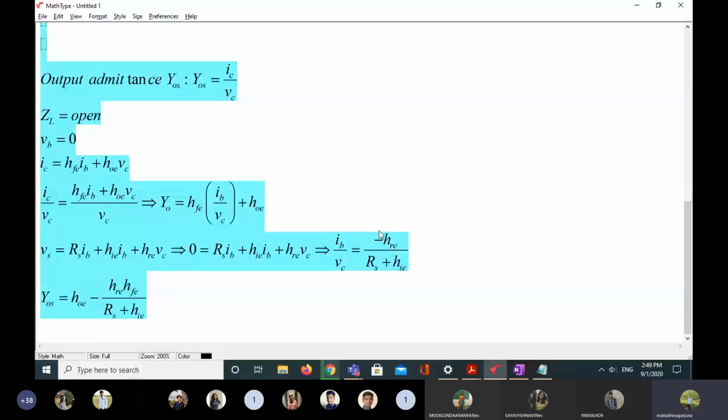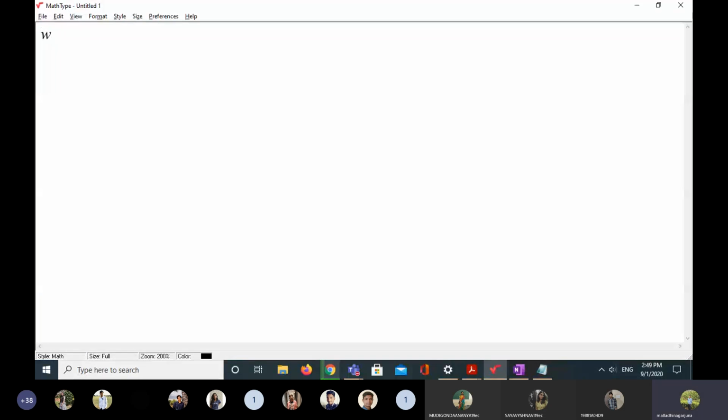So the final equations, I will write as a summary. Without source resistance: AI equal to minus HFE divided by 1 plus HOE into ZL, where HOE into ZL is the load.